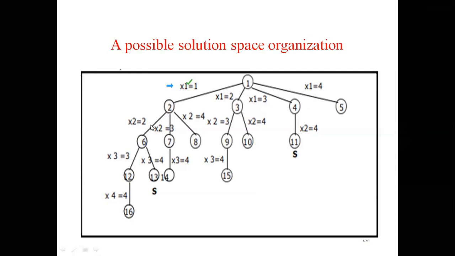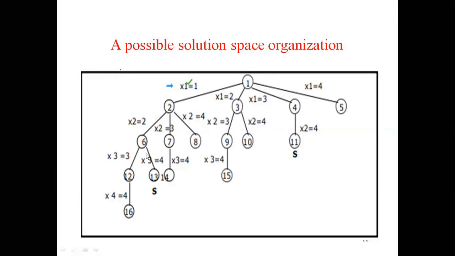Suppose 1, 2, 3, 4: the first edge is with 1, next edge with 2, next with 3, next with 4. That is one subset or one path. Path 1, 2, and 4: you can consider node 1, node 2, node 6, node 13. That is the 1, 2, 4 path. So 2, comma 3. Like this, all these are paths.